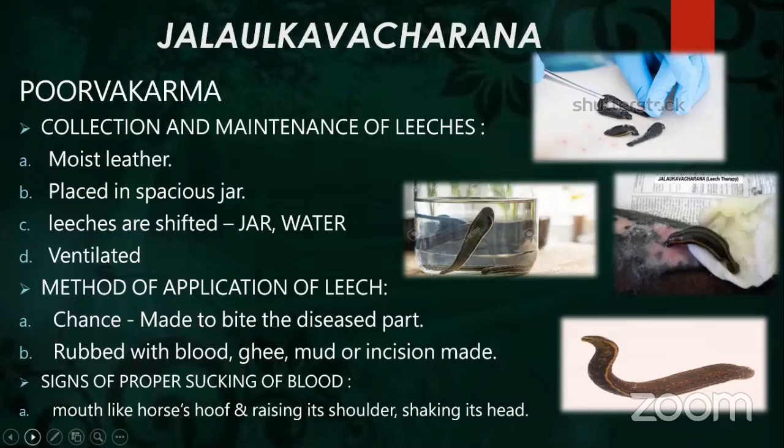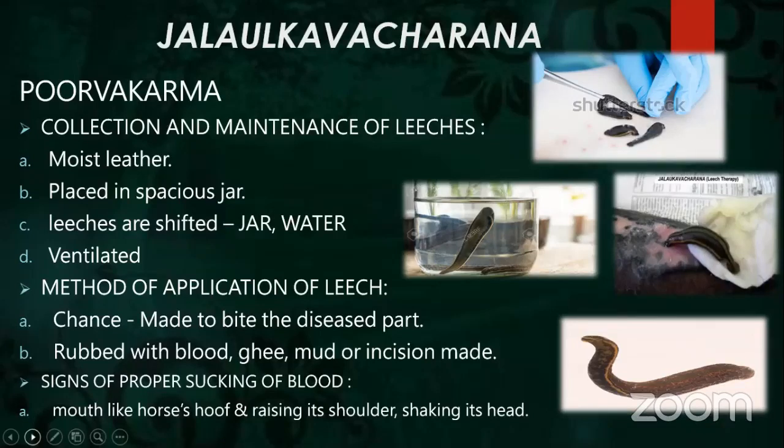So how you can collect the leeches, in the sense, you can just give a meat, or you can use a leather. You have to insert the leather in a lake or pond, and with the help of that moist leather you can collect the leech. This is the collection of leech.